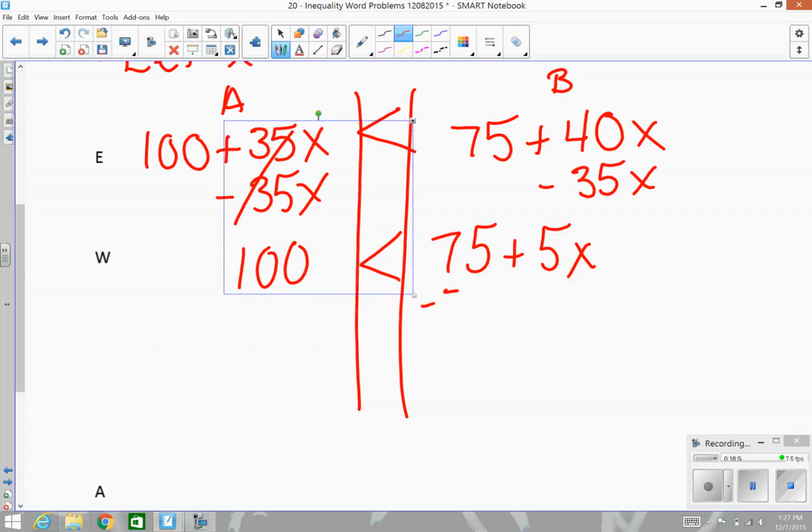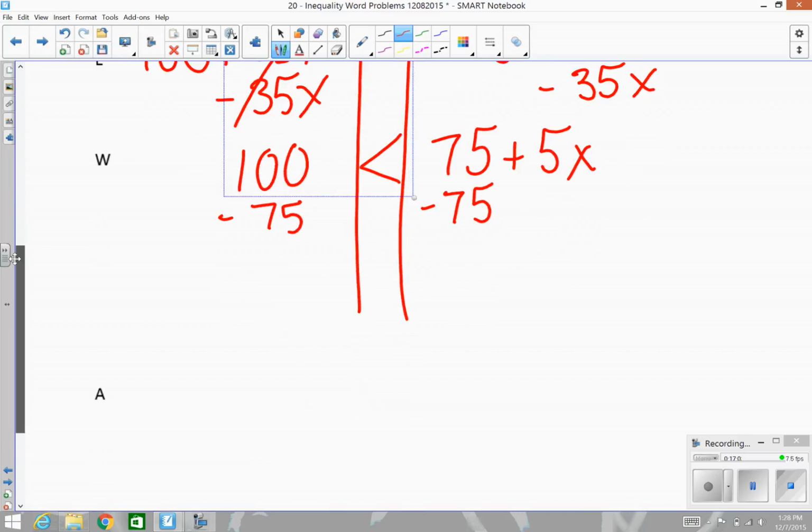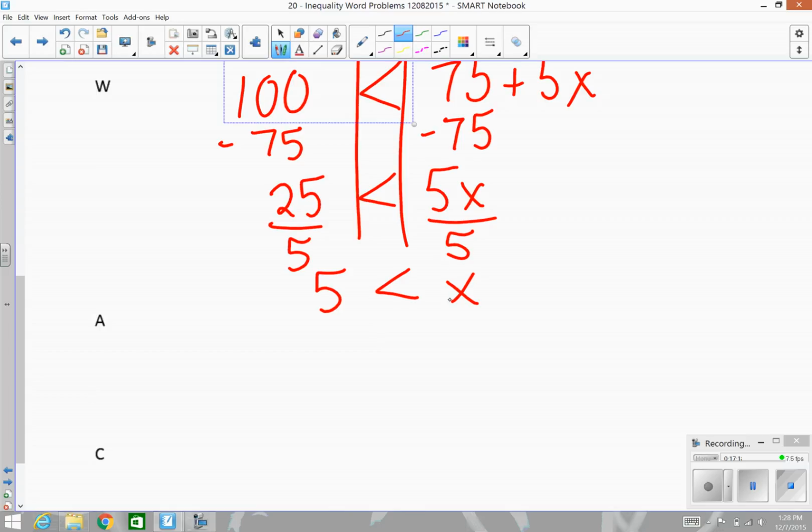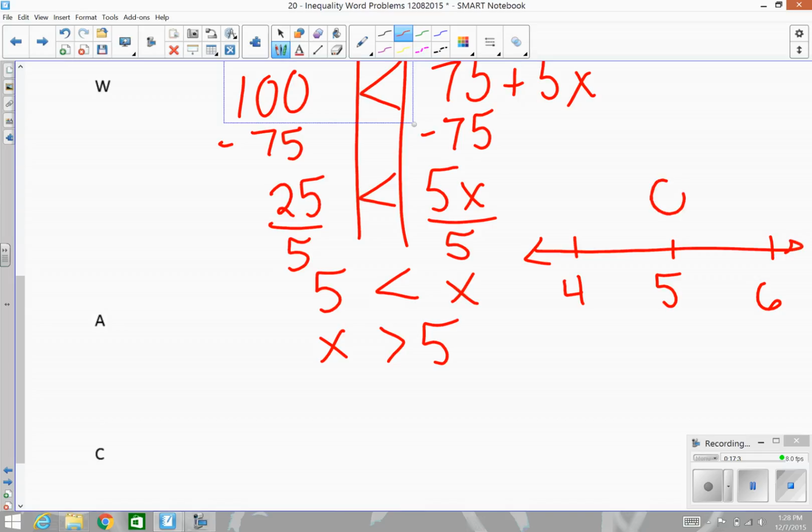I'm going to subtract 75 from both sides, and I get 25 is less than 5x. Divide by 5, and I get x is greater than 5. For graphing purposes, we want the x on the left-hand side, so I'm going to flip this whole thing around and draw my graph. 4, 5, 6, open circle at 5, and we're shading to the right.